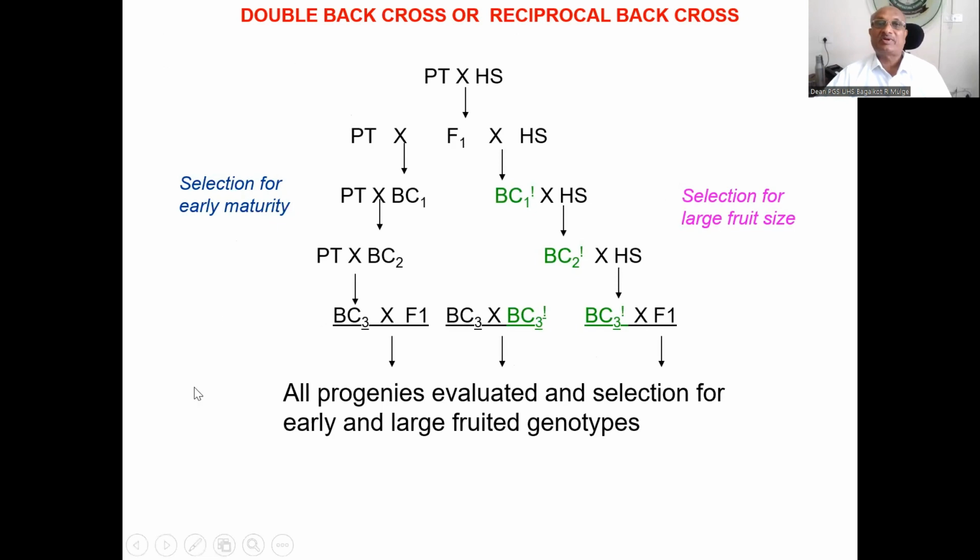Double backcross or reciprocal backcross. The Punjab Tropic and HS variety, small fruits, and this is the large fruits. This is the late, but this is small. You got an F1. One side you go for backcrossing with the Punjab Tropic. What is happening? When you go for early intermediates, in this population you go for selection for the early maturity because your recurrent parent is the big fruit.